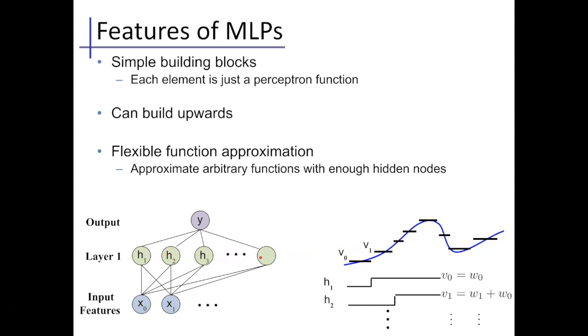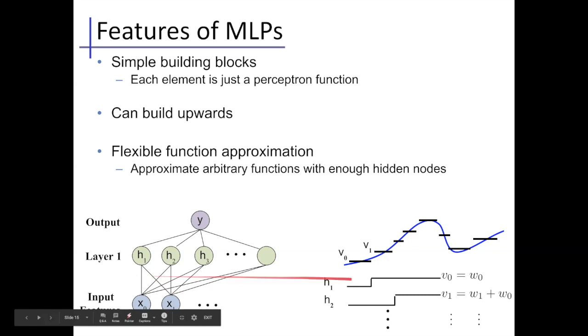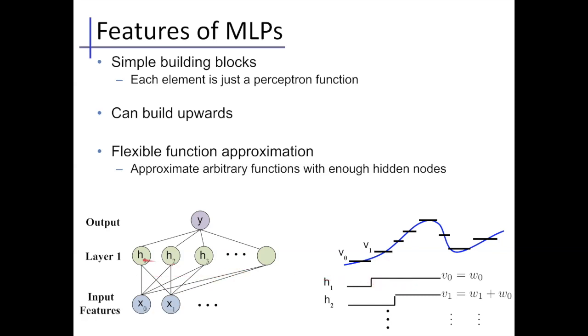And the question is, how do you choose the threshold? Well, you choose the threshold by choosing the weight parameters. By doing that, you can set the thresholding of each hidden neuron. Once you have these thresholding functions, you can combine them by carefully choosing the weight parameters such that the output looks something like this. How do you do that?